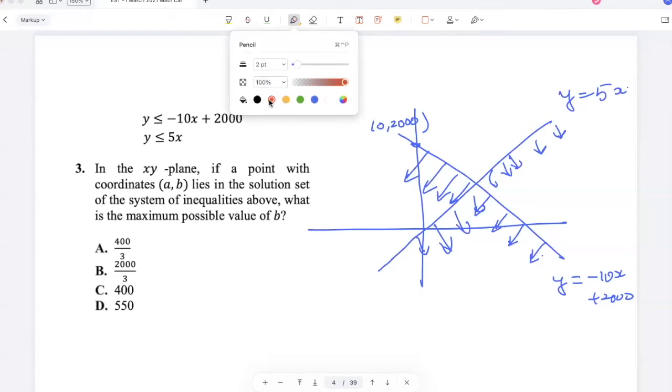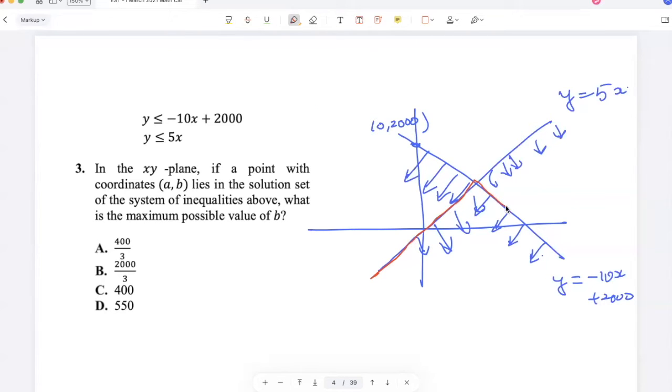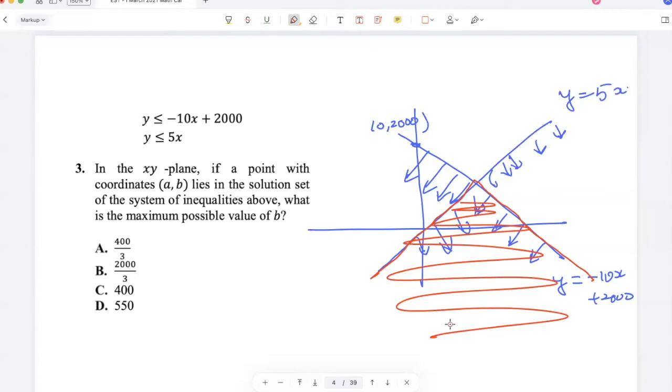So this whole part is the solution to the system. Then I noticed that the maximum possible value of the y coordinate will happen here at the intersection point, because if you go to the left or to the right, then the y value decreases, right? So the maximum possible value of b is simply the intersection of the two lines.